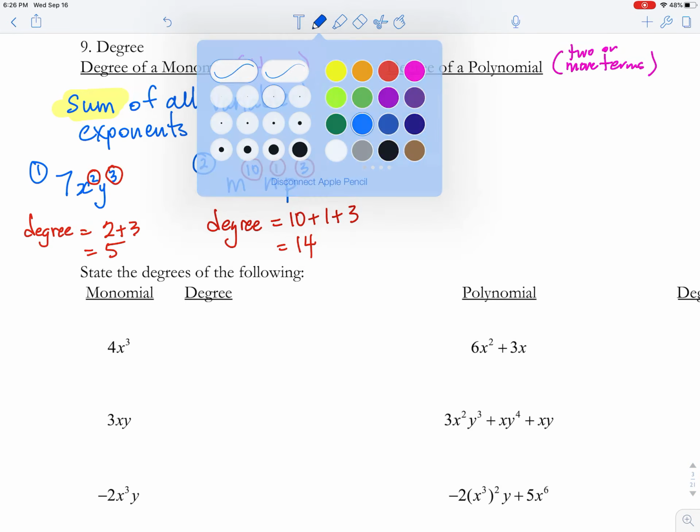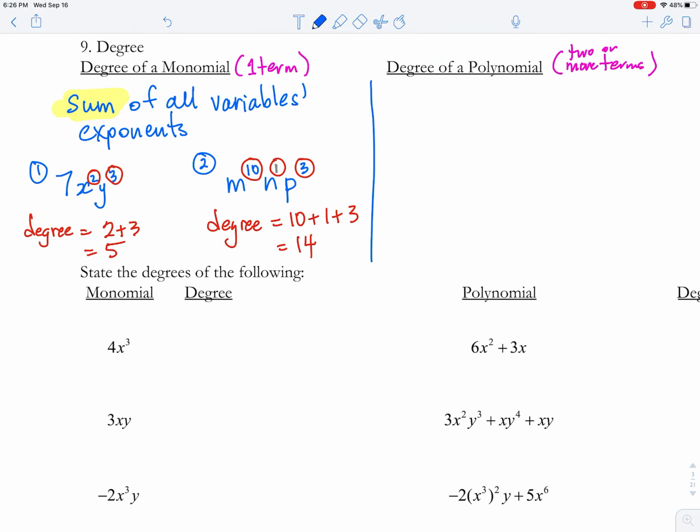Now the degree of a polynomial, we're going to find the maximum of each term's degree.